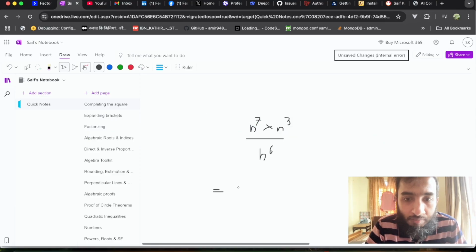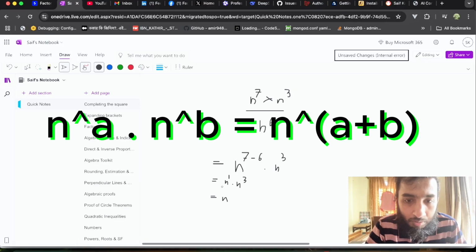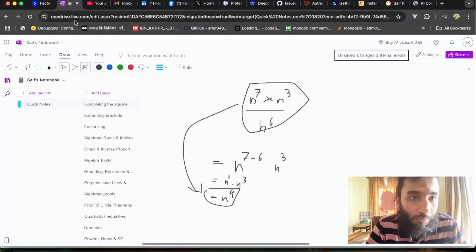So I can write n to the power 7 minus 6 multiplied by n cube. So we get n multiplied by n cube, where the power is 1, so I'll add the two powers because they are products. So n to the power 4 is the simplified version of the main expression.